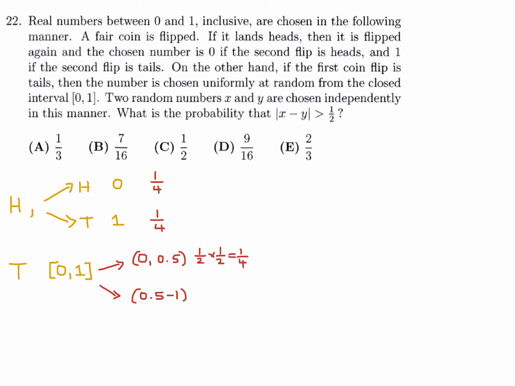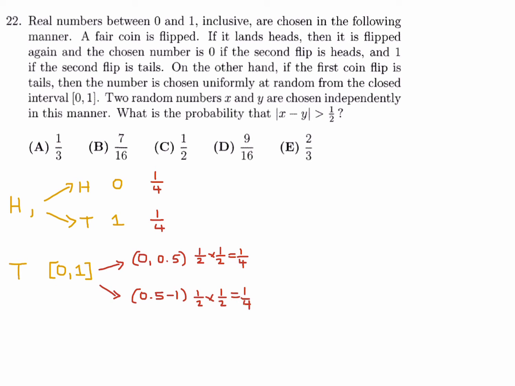Why? Well, the probability of getting a tails in that first flip is a half, and then the probability of getting this half of the range is a half, so that's why you multiply a half by a half. And very similarly, a half to get a tail and a half to get that half of the range, so this is also a half times a half, and that's a quarter.